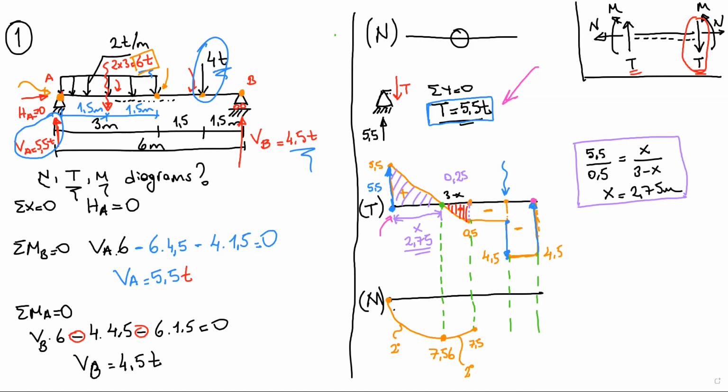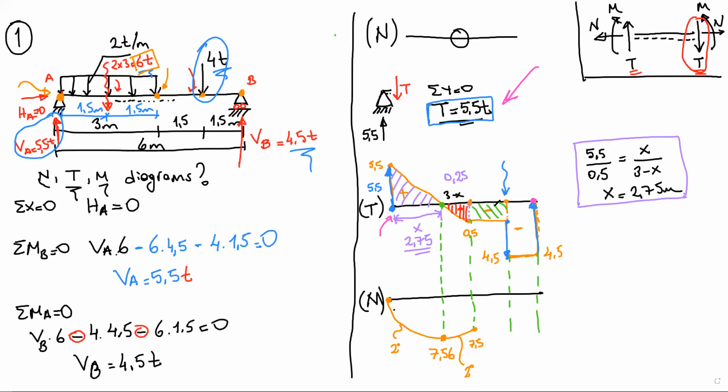Here we have this rectangle to calculate. Let's do it. This area is 0.5 times 1.5. Okay, 1.5. So this area is 0.75.